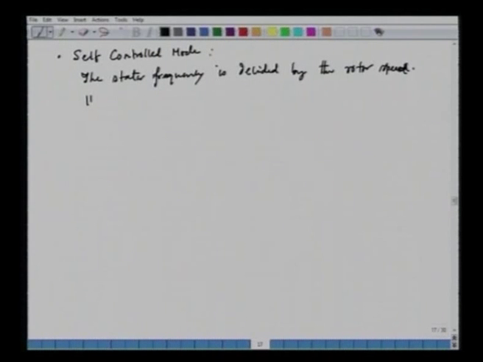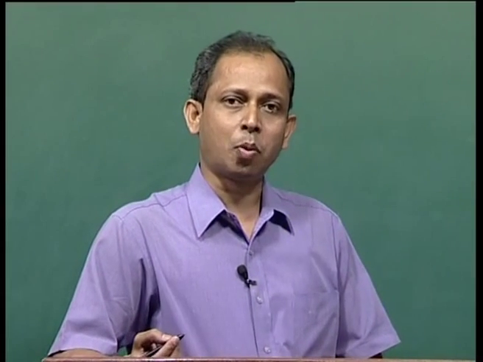Hence, there is a rotor position feedback. So, in case of a self controlled drive, synchronous motor drive, there has to be a rotor position feedback.